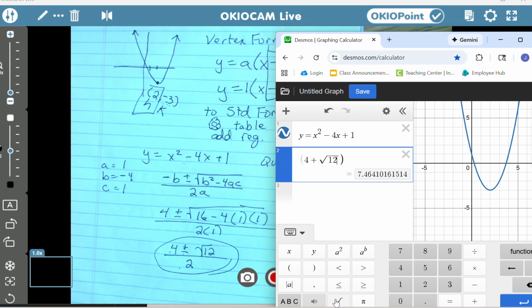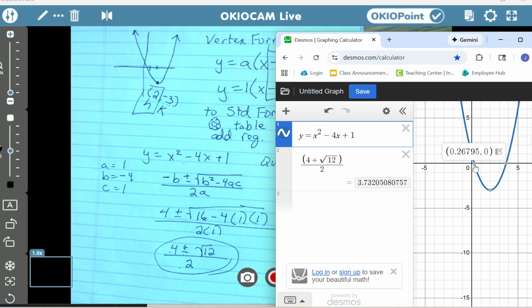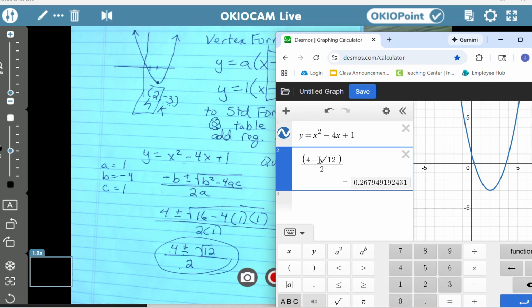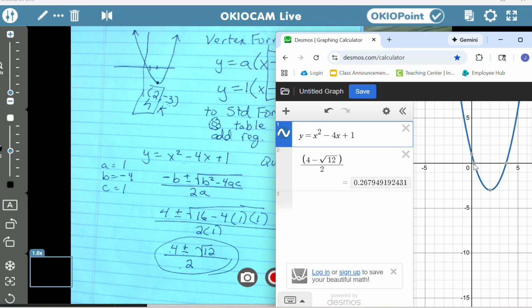And then I need to put this in parentheses because all of this is going to be divided by 2 times a, which is 2. I get 3.7. Alright, so I want to make sure this value is, that's not it. There it is, 3.7. So I know that that one is right. Alright, now instead of typing it again, I'm going to put a minus sign right there. I get 0.267. That's the same number. So I know that this is the correct solution.